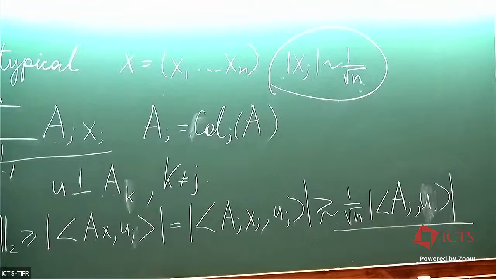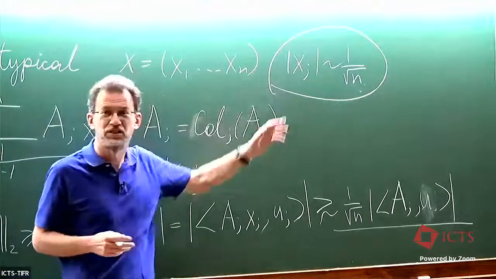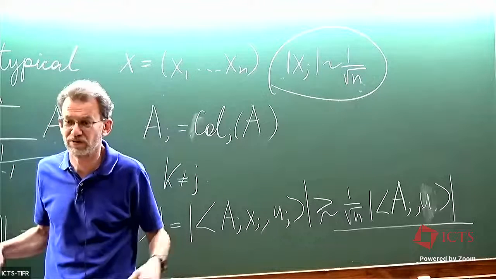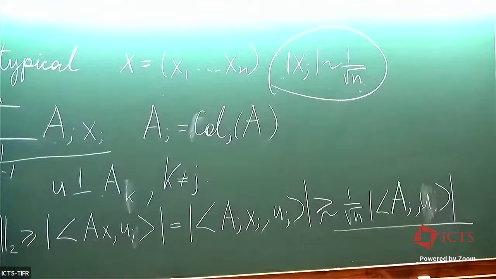But in general, I don't know that the jth coordinate, the prescribed jth coordinate, is large. It may be just 0. So what to do then?